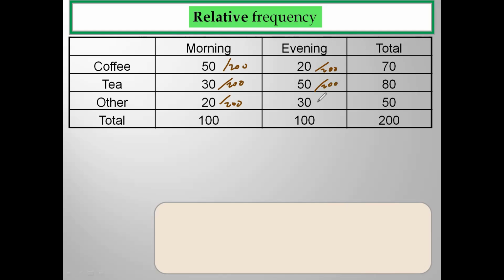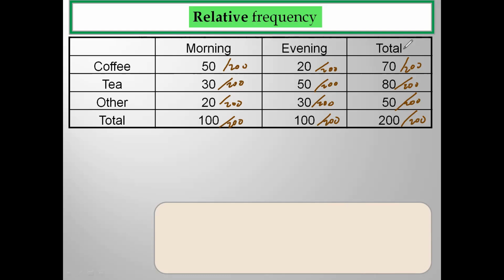So we have all the mornings crossover with the coffees, and the evening crossover with the coffees divided by 200. And we're going to do this for all the frequency values in the middle and the inside. Then we're going to also do this for all the marginal frequencies to calculate their relative frequency.